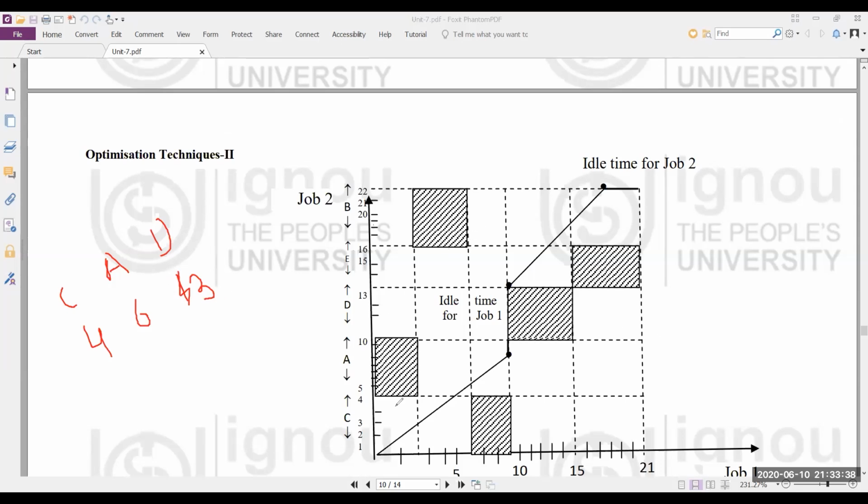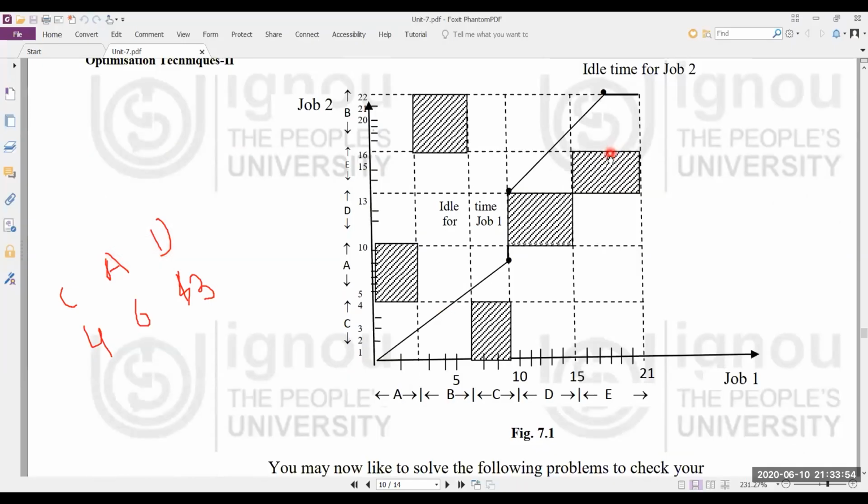Okay, and there are different boxes there, this one, this one, this one, and we cross the boxes which have the common. It means that a machine cannot do the same job at a time. Where C and C is there, it means that job A is also performing on machine C and job B is also performing on machine C, and it is not possible.